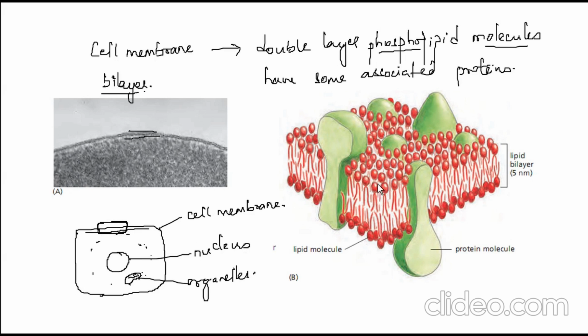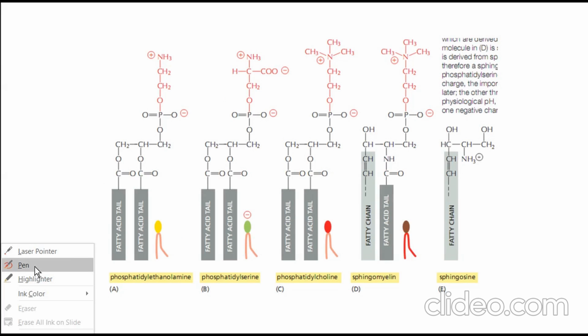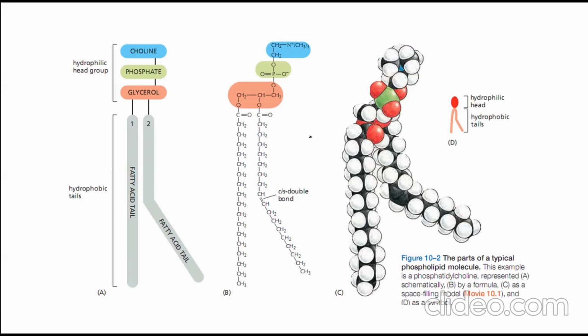You can see here it's a double layered phospholipid molecule with a head and a tail structure, and some proteins are associated with it. Now, if you observe the structure of a cell membrane, first of all, it has a head region and a tail region.